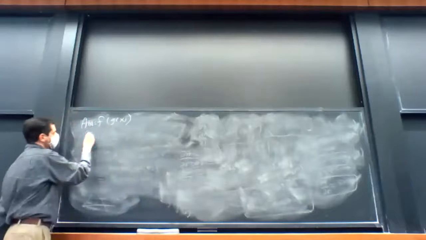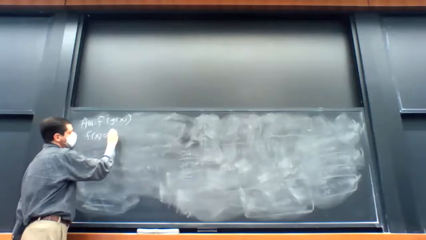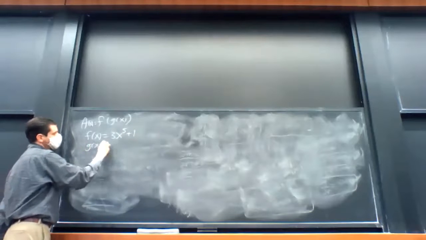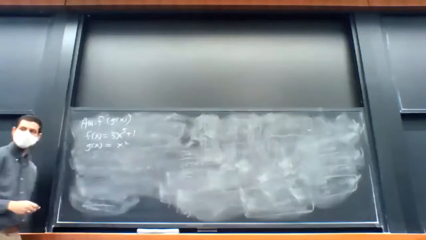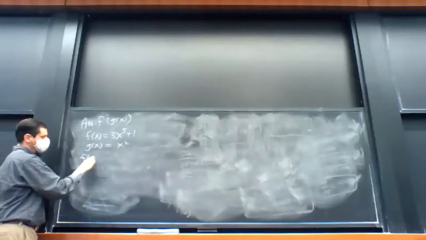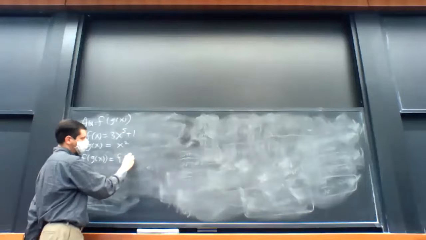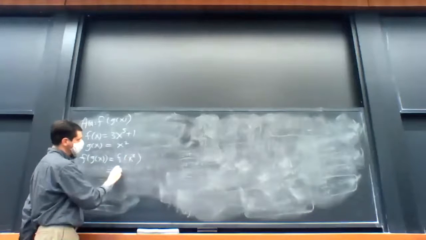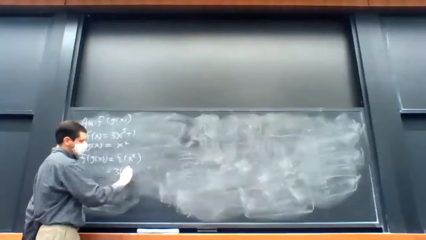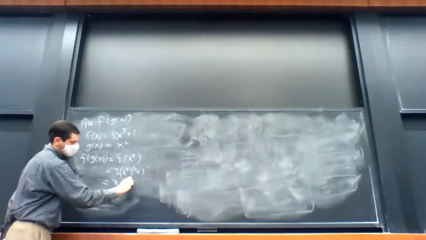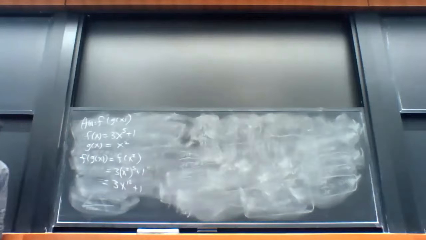So maybe f of input is 3x to the 5th plus 1, g of x is x squared. So if I look at f of g of x, that's going to be f of x squared. That's going to be 3 times x squared to the 5th, plus 1. That's going to be 3x to the 10th plus 1.